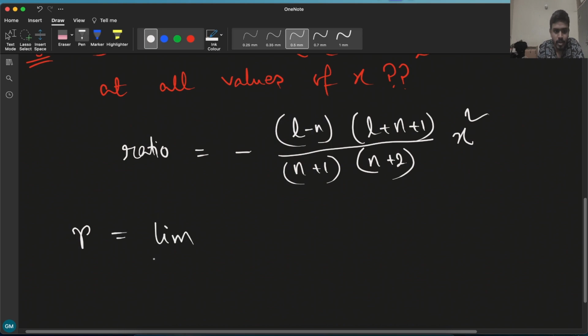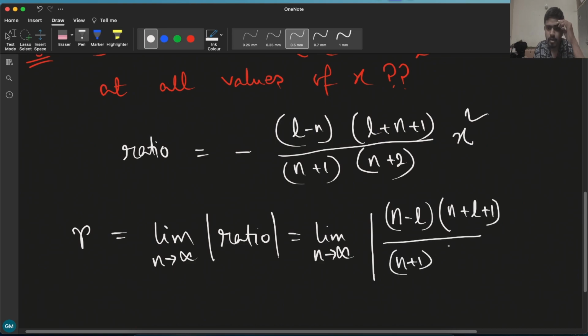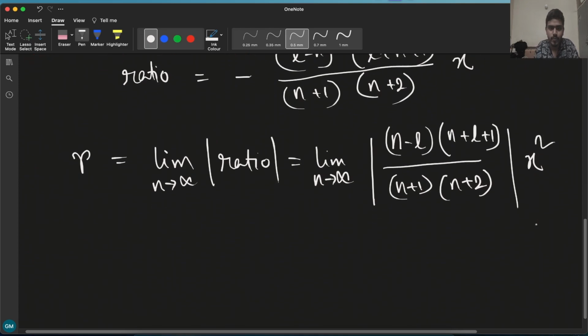R is the limit as n tends to infinity of the mod of this ratio, which I can write as the limit as n tends to infinity of mod of (n minus L)(n plus L plus 1) divided by (n plus 1)(n plus 2), and I can write this x square outside. I'm assuming x is a real number, so x square is always positive and I can put it outside the mod.